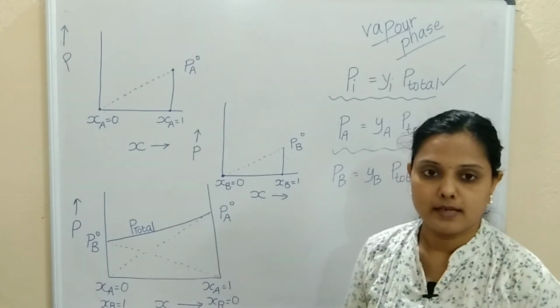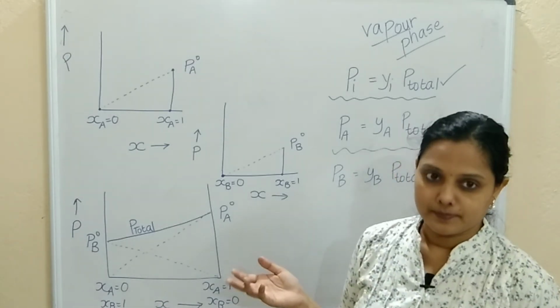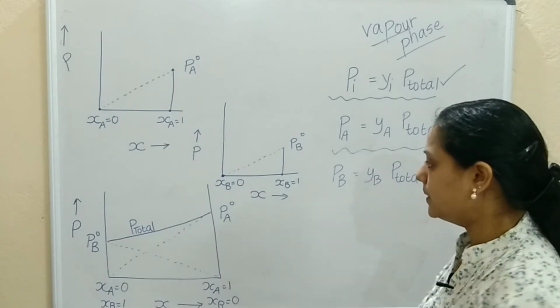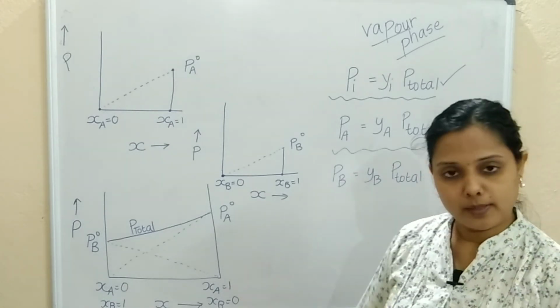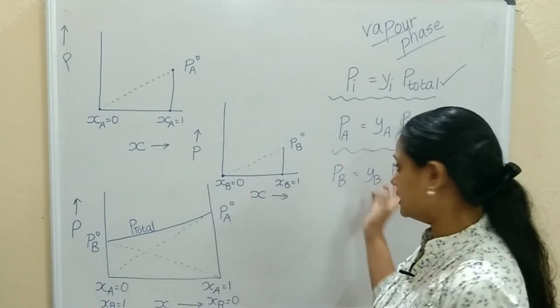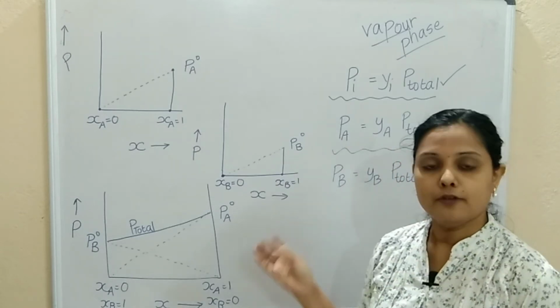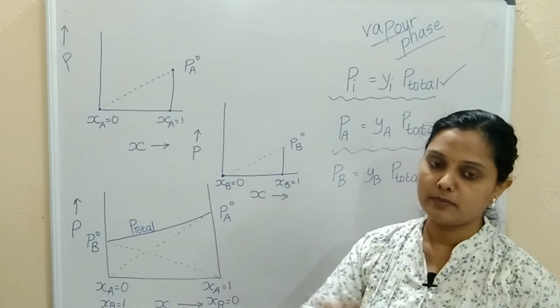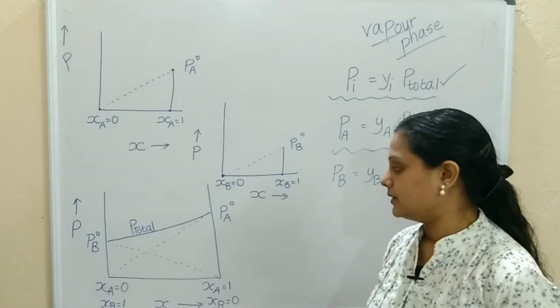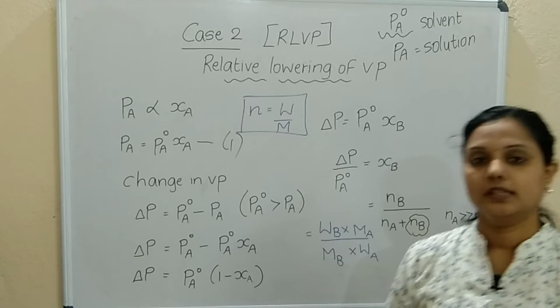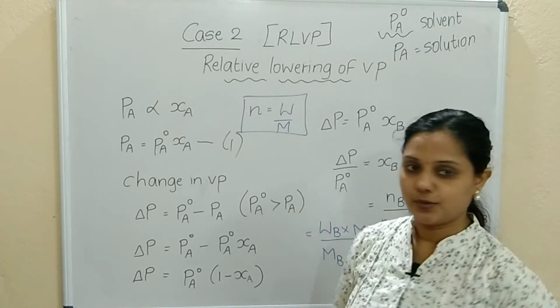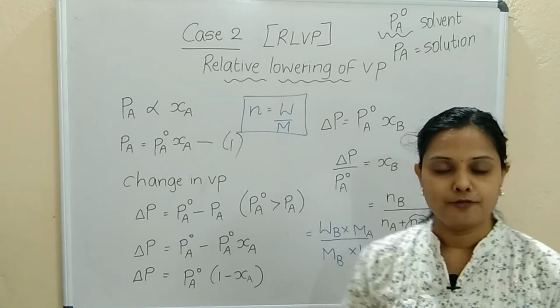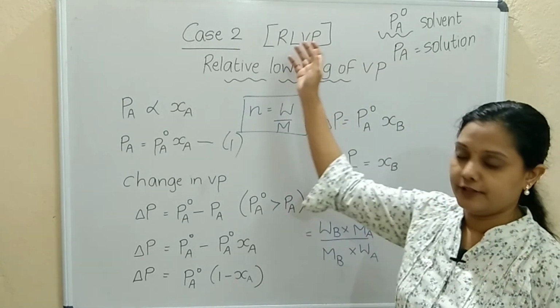So hope case number 1 is understood by you. And numericals are there based on these formulas. Few numericals I have solved in my previous videos, so you can check that also. So let's discuss case 2, relative lowering of vapor pressure, RLVP.